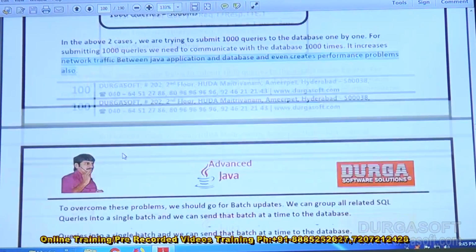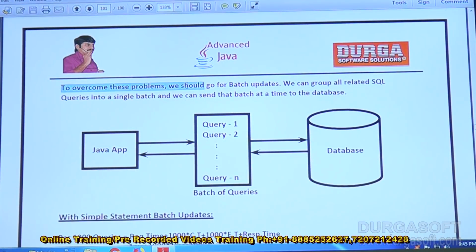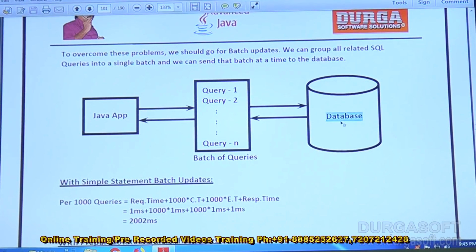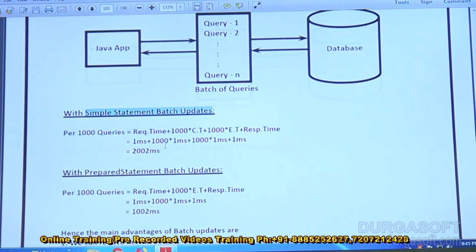So to overcome these problems, what should we go for? Batch updates. We can group all SQL queries into a single batch, and we can send that batch at a time to the database. This is the batch of SQL queries sent to the database. With a simple statement: request time, 1000 times compilation, 1000 times execution, response time, 2002 milliseconds.